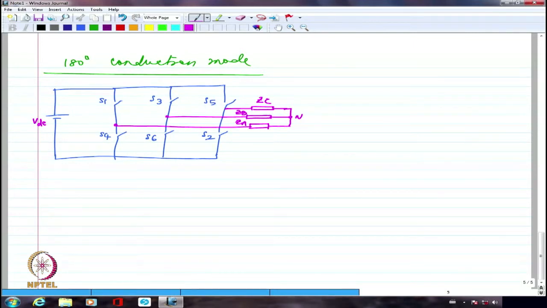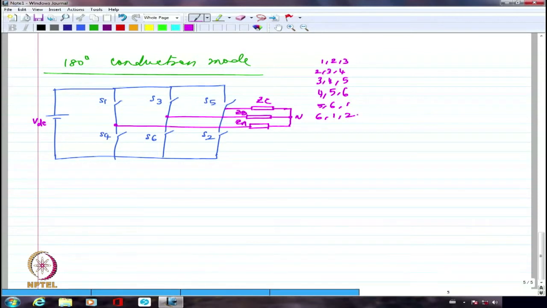So every device will conduct for 60 plus 60 plus 60, 180 degrees. So you will have 3 devices overlapping together, right? So I'm going to have 1, 2, 3, 2, 3, 4, 3, 4, 5, 4, 5, 6, 5, 6, 1, 6, 1, 2. These are going to be the combinations that I will have.